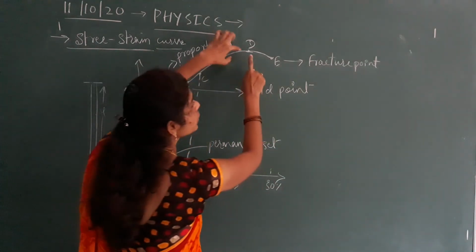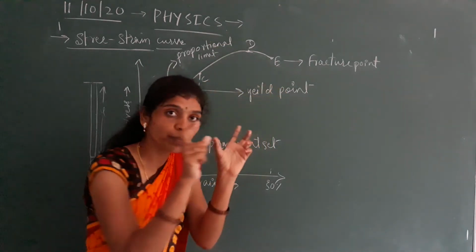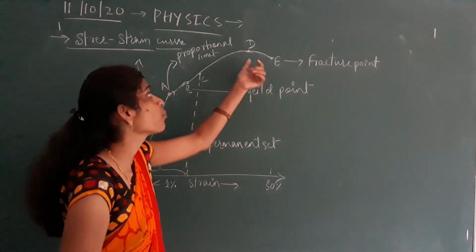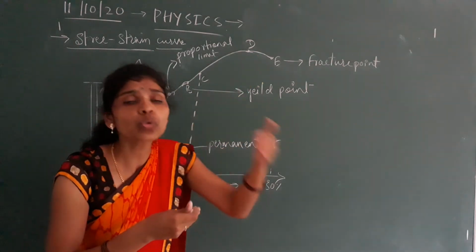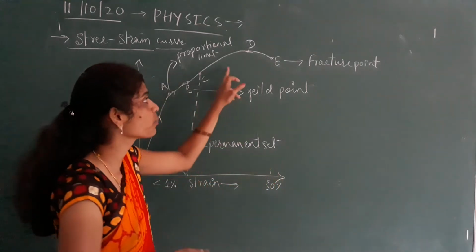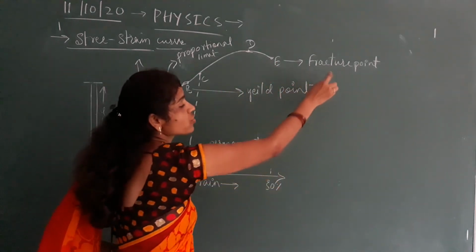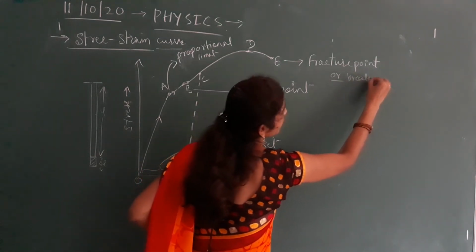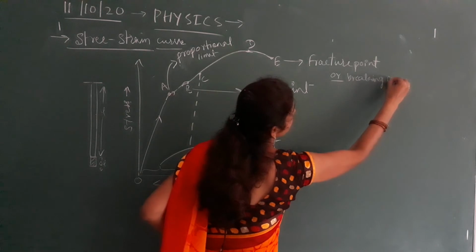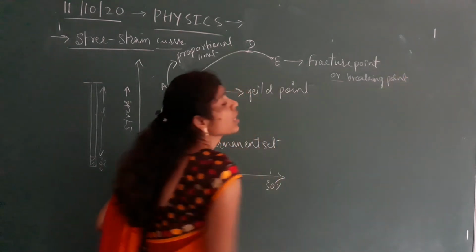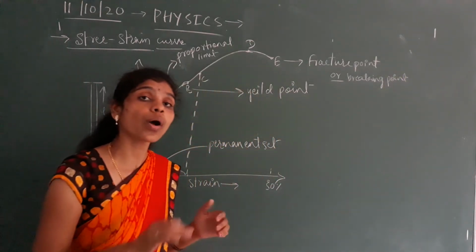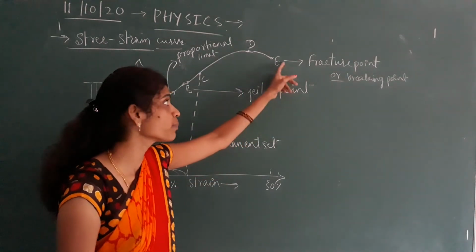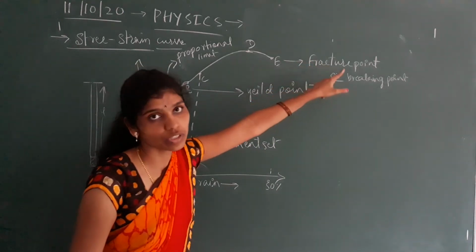The point D is nearer to the breaking point, but the point E we call the fracture point or breaking point. The breaking point is the last position of the object, where it is going to break down and vanish. That point we call the fracture point.